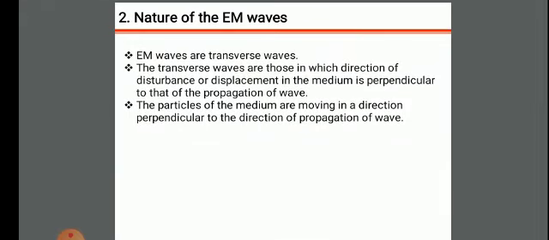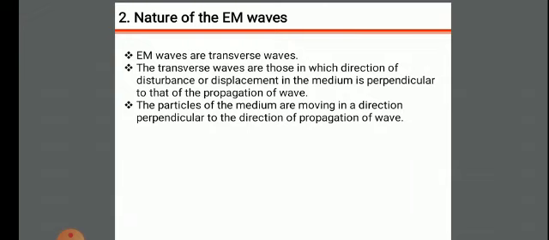Nature of electromagnetic waves. Electromagnetic waves are transverse waves. Transverse waves are those in which the direction of disturbance or displacement in the medium is perpendicular to the direction of propagation of the wave.